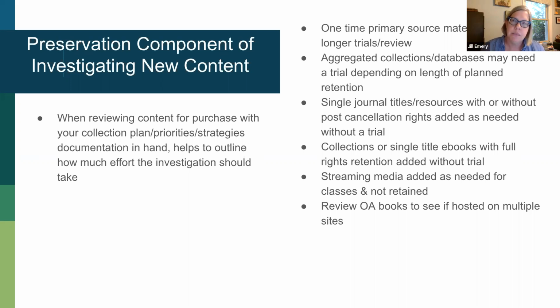That might mean having a longer trial or a longer review period for that content. Whereas with other resources, you might not need to do any review at all, but you do want to know whether you're choosing post-cancellation rights for journals or books at the point of order.